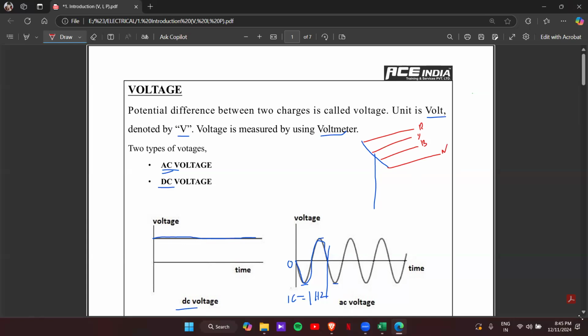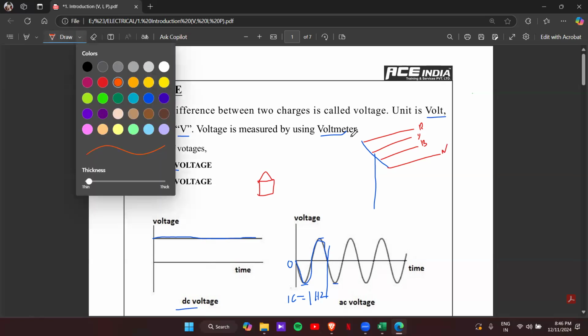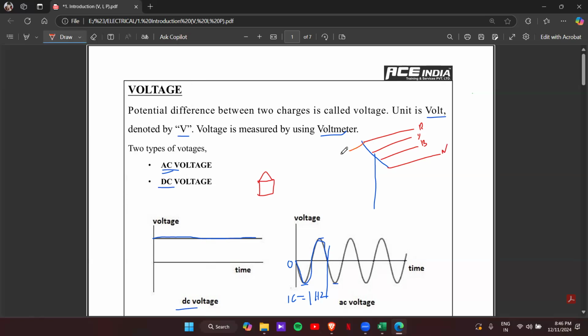Okay, and if your house has a single phase supply, so just draw one here. Suppose this house is a residential space. For this particular space, I need to provide a single phase connection. In that case, I will take the connection from the transmission line from the R phase and the neutral.